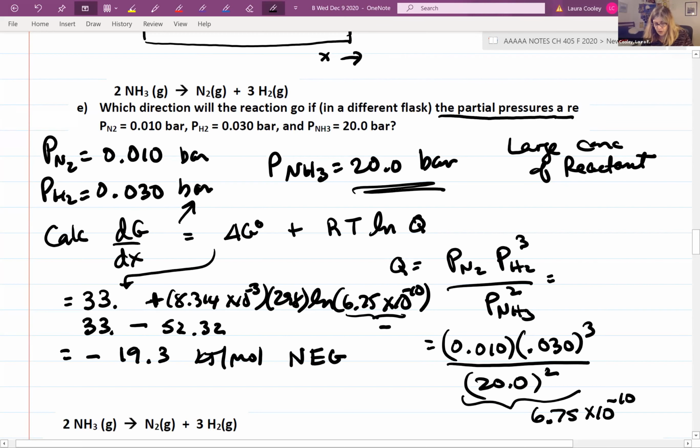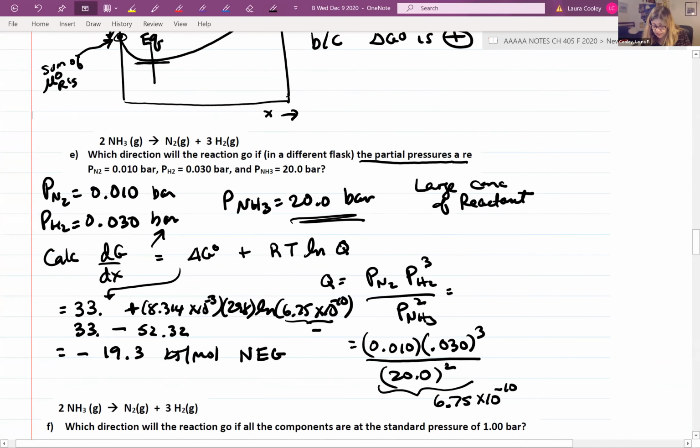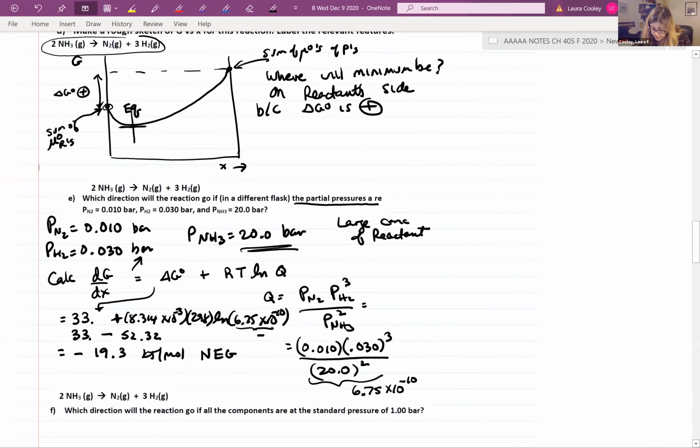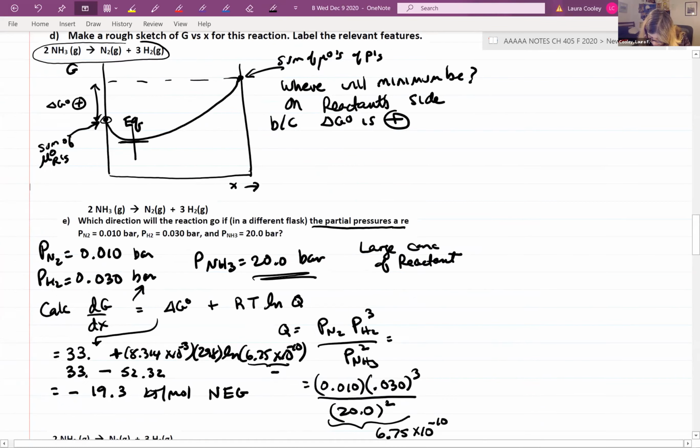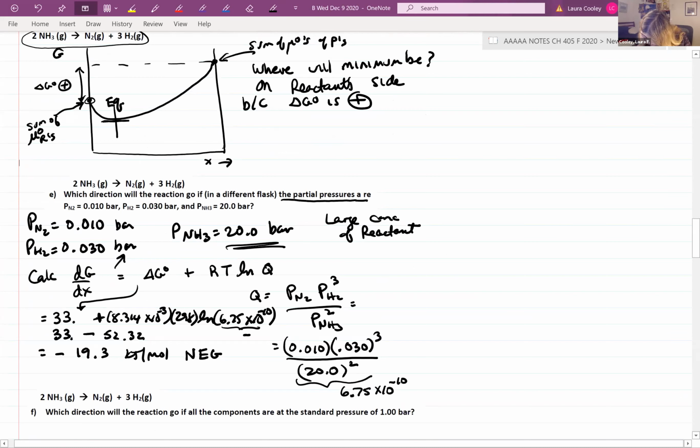If we take a look at our drawing, where is this on the drawing? These are large concentrations of reactants, and the slope of G versus X is negative.